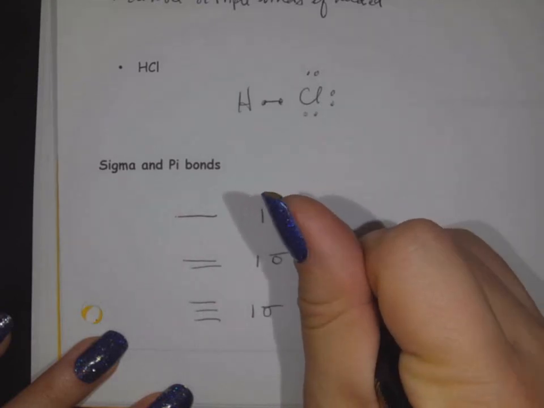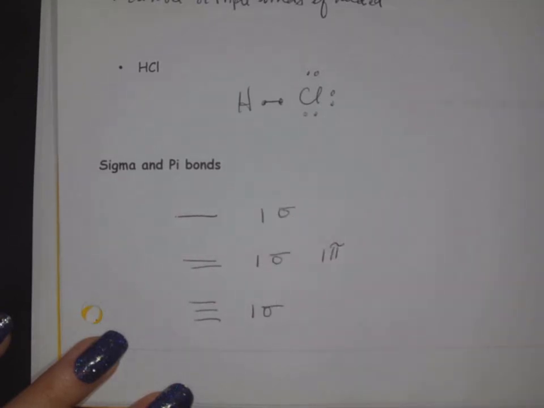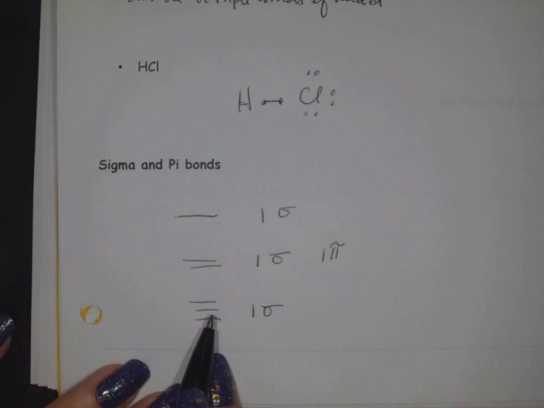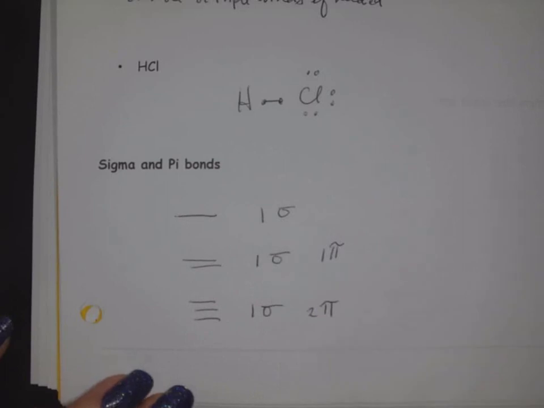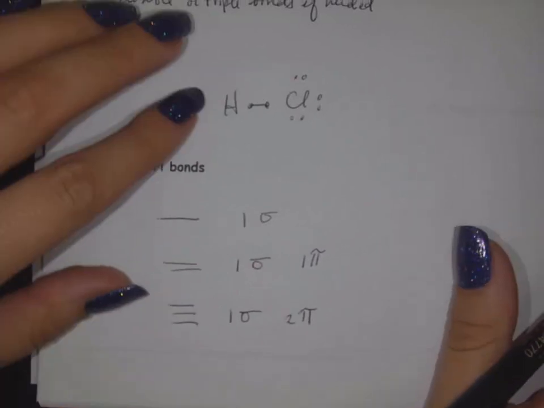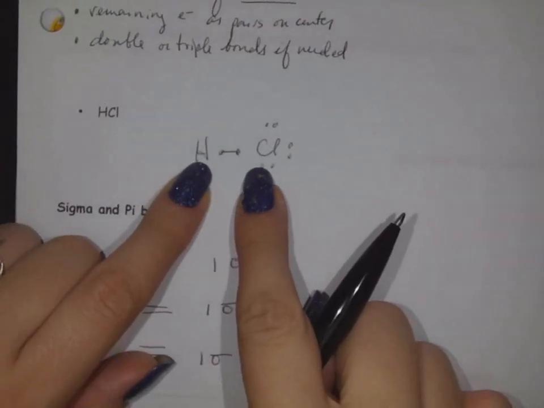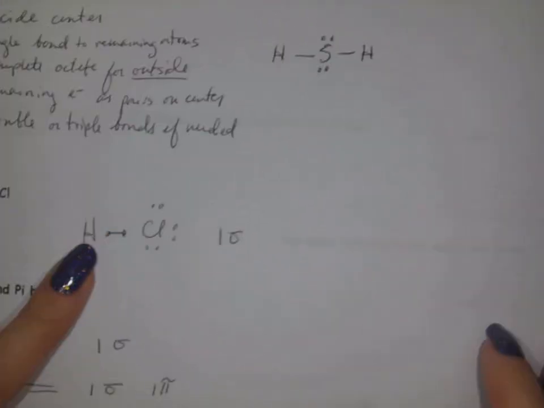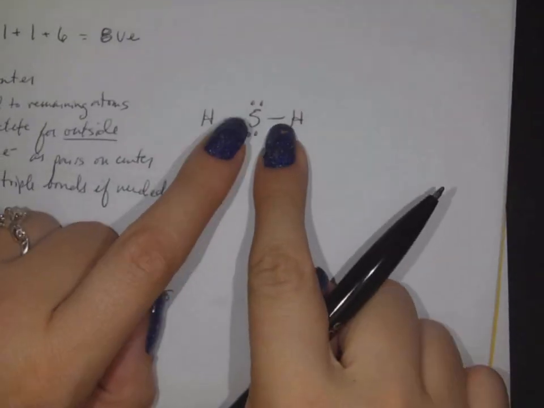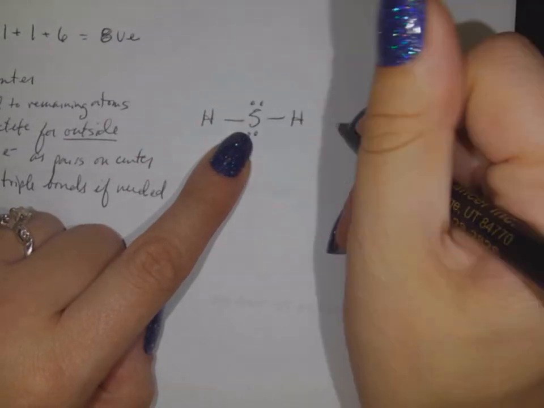So we have 1 sigma bond, 1 pi bond. With a triple bond, this would be 1 sigma bond and 2 pi bonds. Okay? So this molecule just has 1 sigma bond. This molecule has 2 sigma bonds.